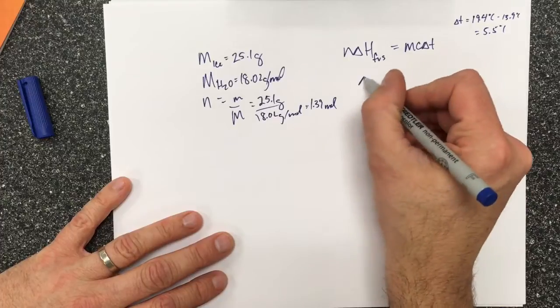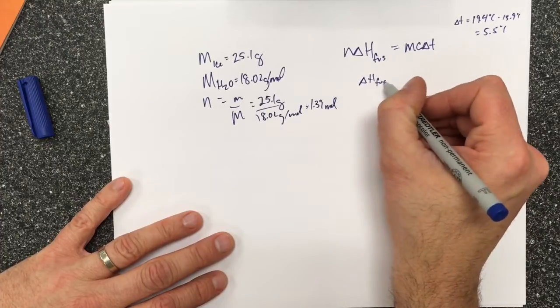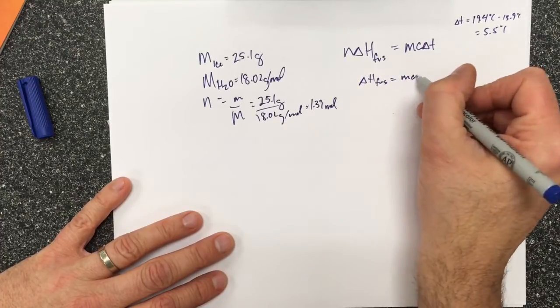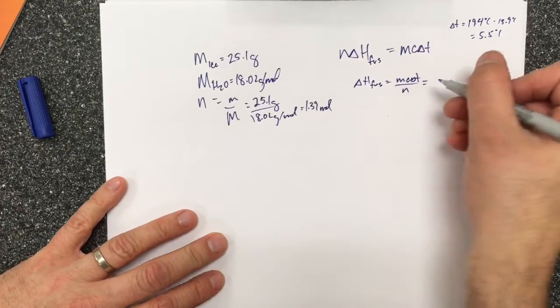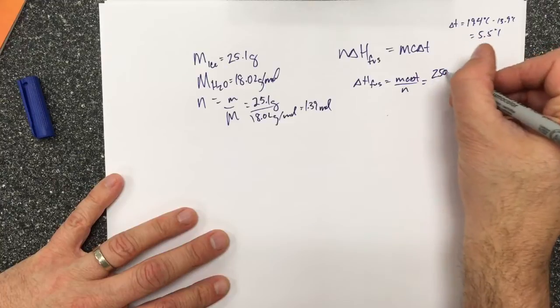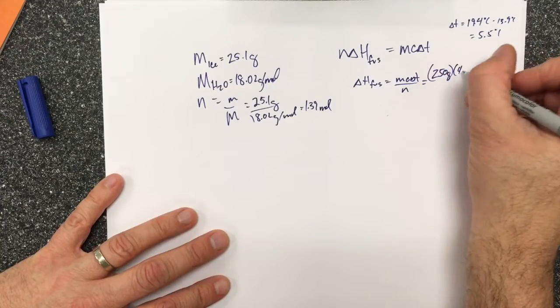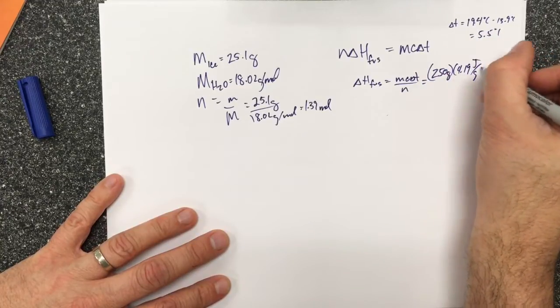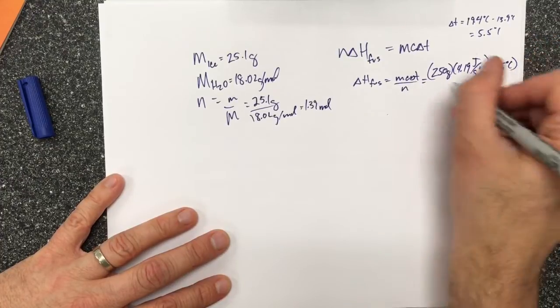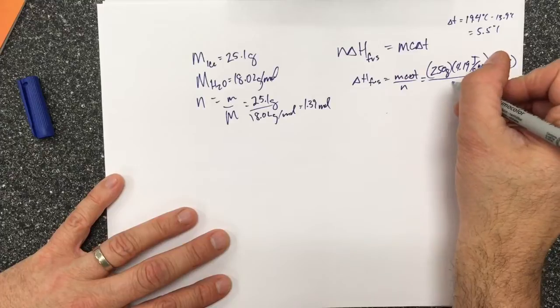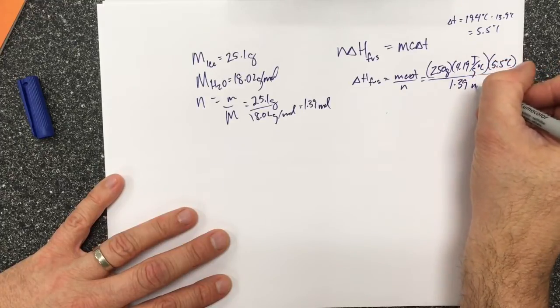Well, to get the heat of fusion, we'll take mc delta T and divide by n, the moles. So I get 250 gram times 4.19 joule per gram degrees Celsius times 5.5 degrees Celsius, divided by n, which is 1.39 mole.